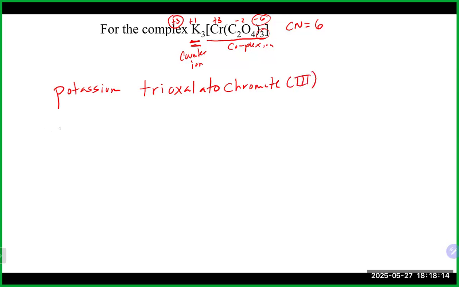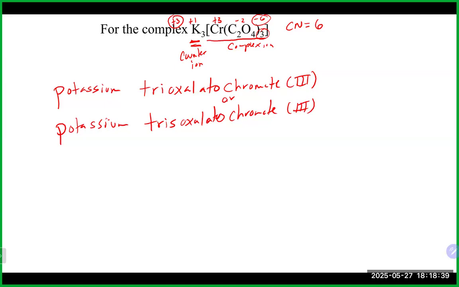I will say that some people, because it is a bidentate, they will actually go with tris(oxalato)chromate, Roman numeral 3. So oxalate's a little bit interesting. Some people will actually go with the tris, or you could do tri in this particular case.